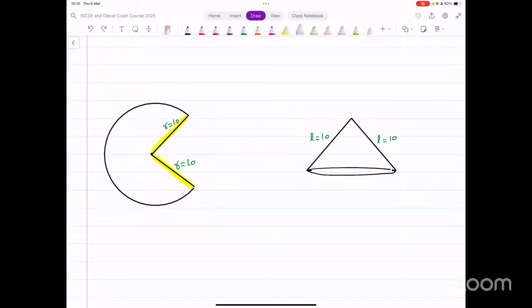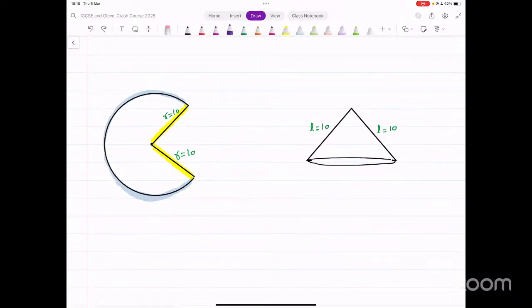And now what happens with this arc length is, in 3 dimensions, when you make a cone out of this by joining these two yellow sides, this arc length goes and becomes the circumference of the cone.